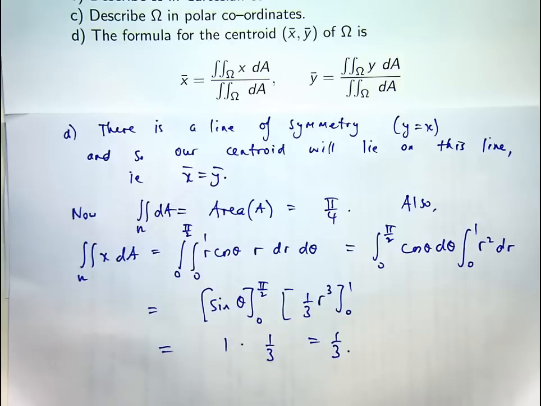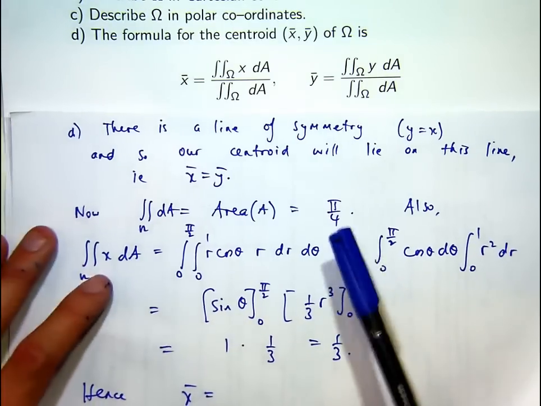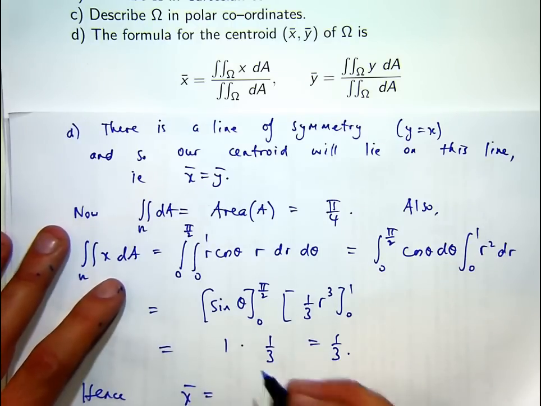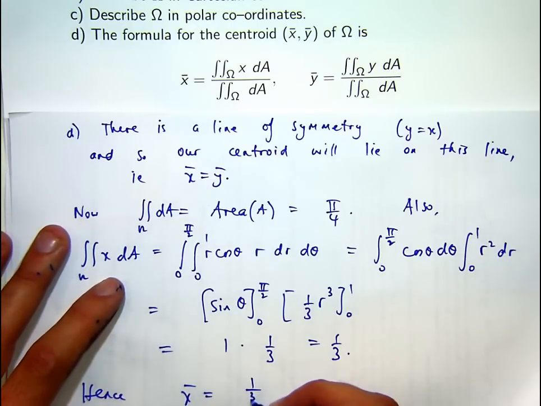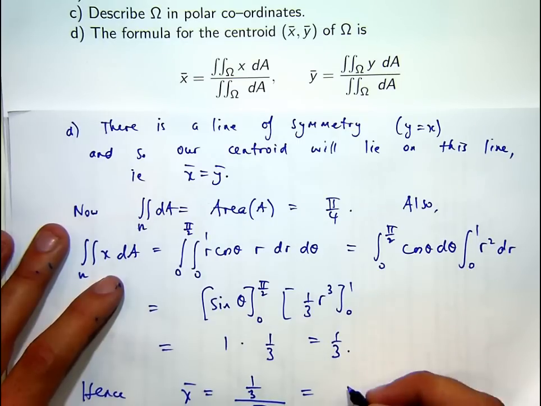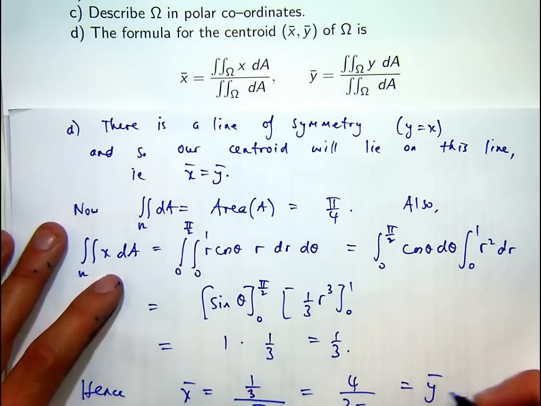Well, we can go back. It's this divided by this. Okay? So if you just rearrange that, you'll get 4 on 3 pi, and that's also equal to y bar by symmetry.